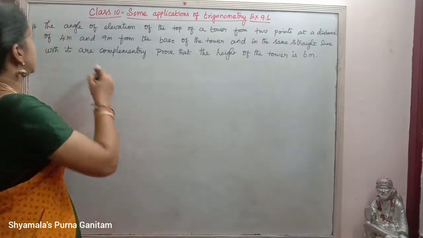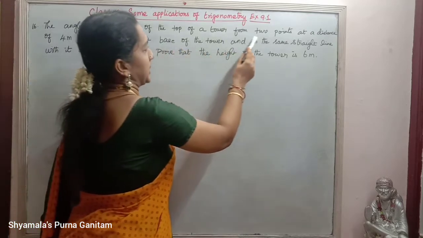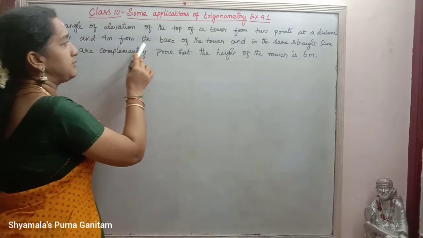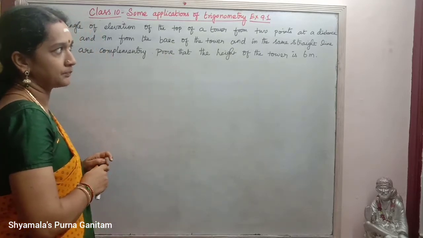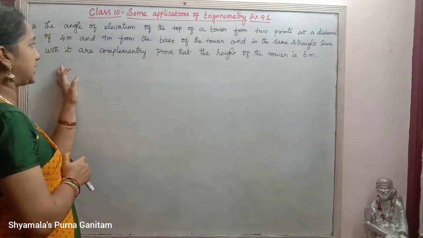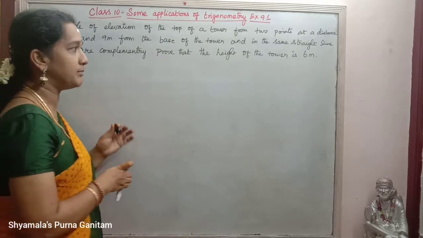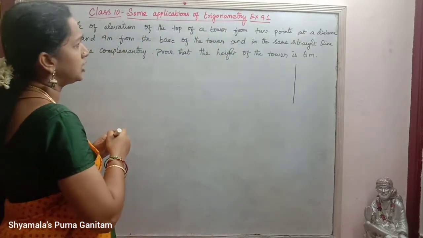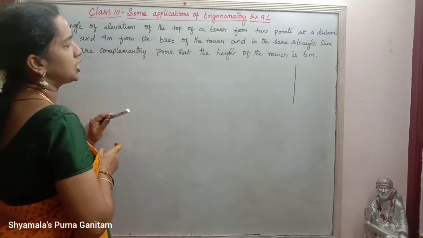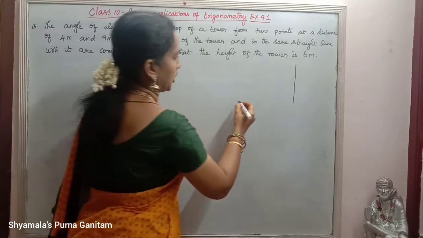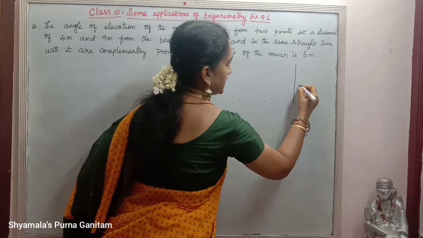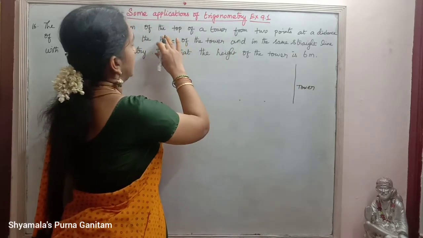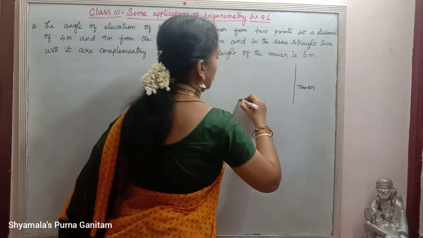Next sum: the angle of elevation of the top of a tower from 2 points at a distance of 4 meter and 9 meter from the base of the tower and in the same straight line with it are complementary. So this is the tower. The angle of elevation of the top of the tower from 2 points.